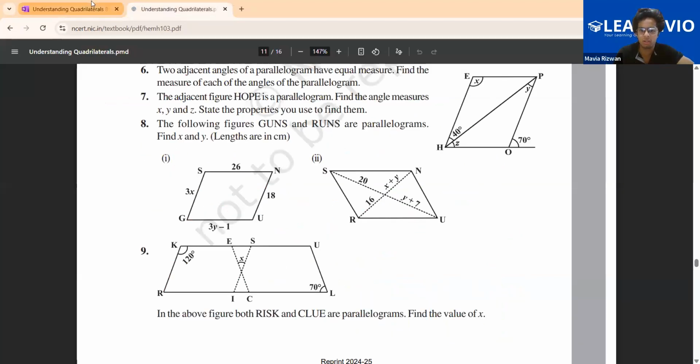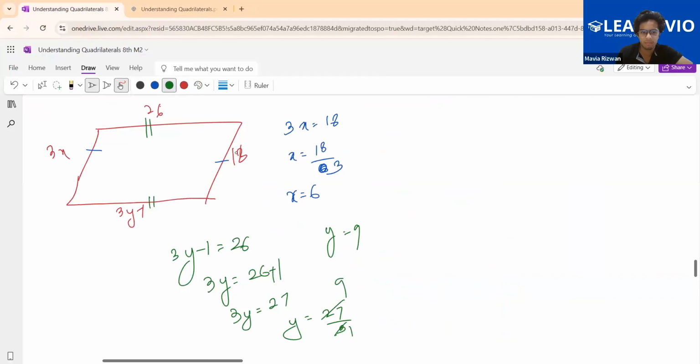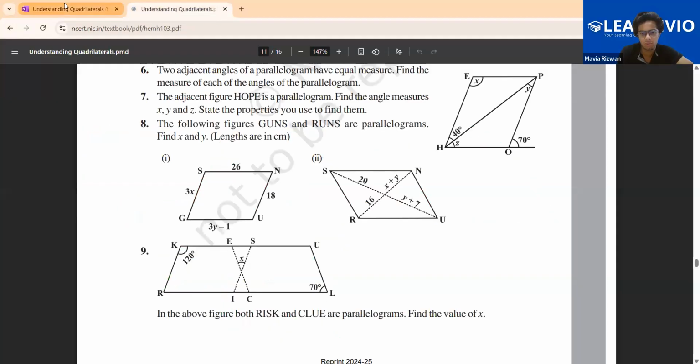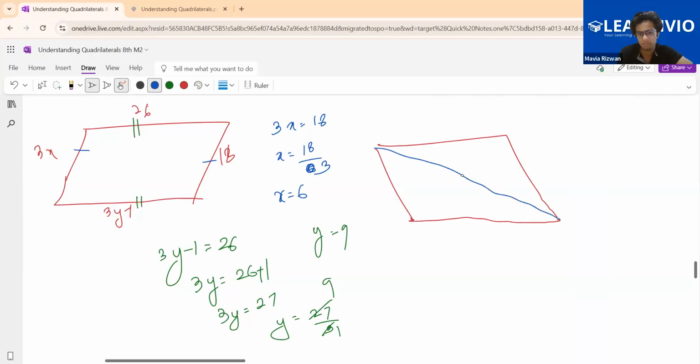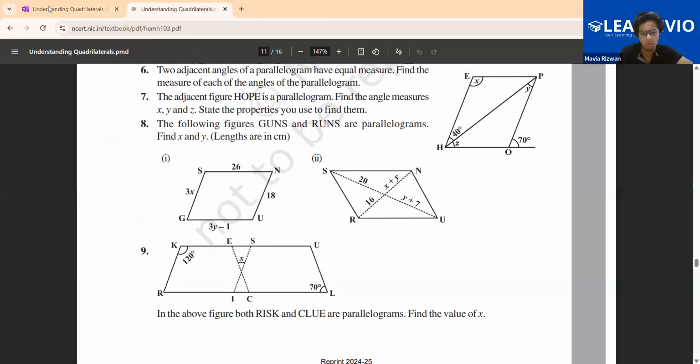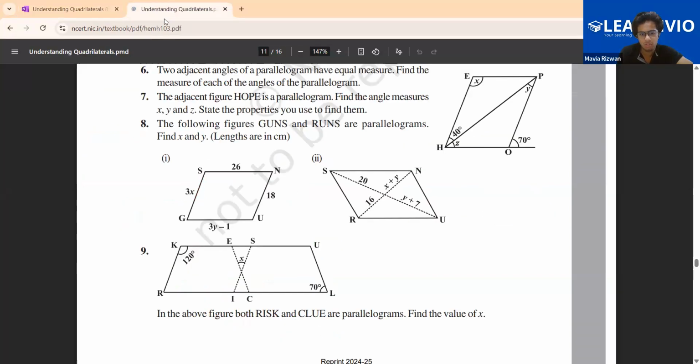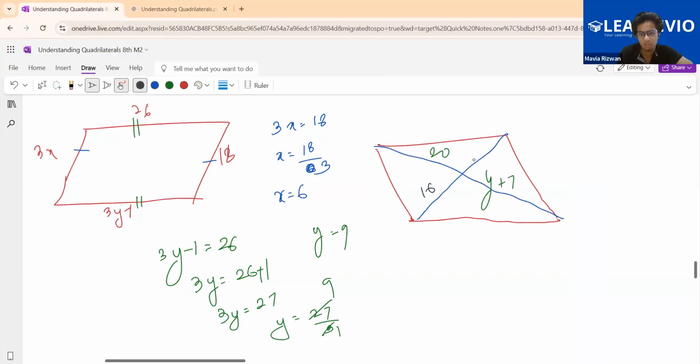Till then, you can draw this one once. But see, this is the question.